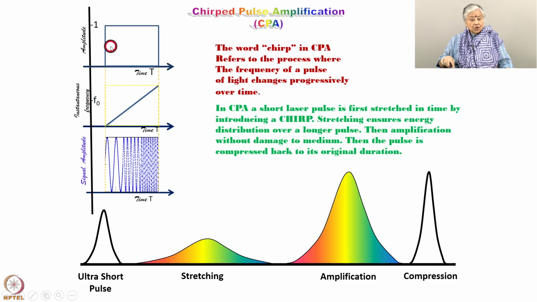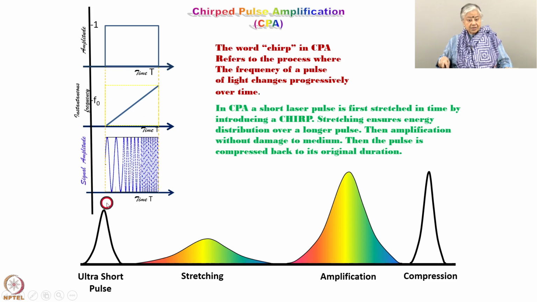Along the time of this pulse, the frequency increases gradually. This is called the chirp. That means you started off with a low frequency, and slowly over the time of the square pulse you have increased the frequency. Another way of putting it is in terms of the electric field associated with the light pulse.